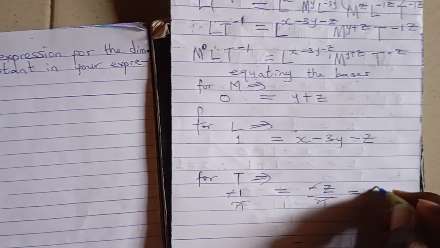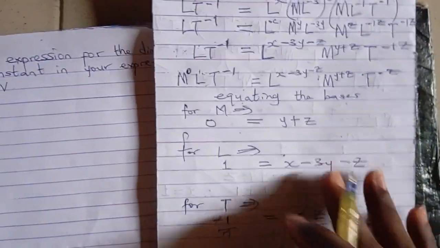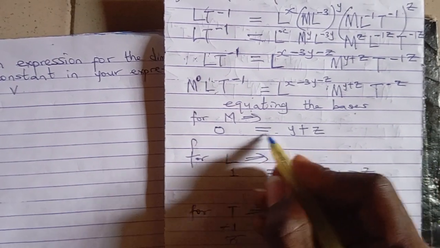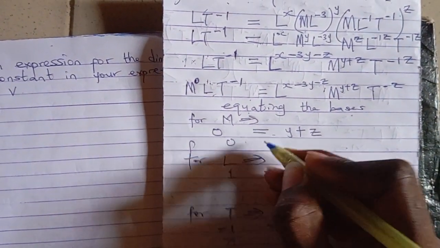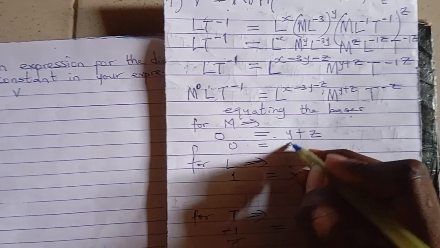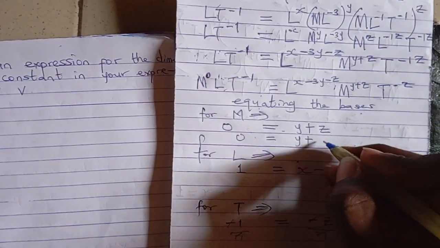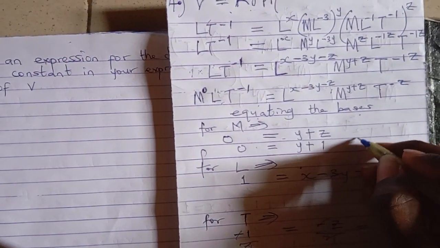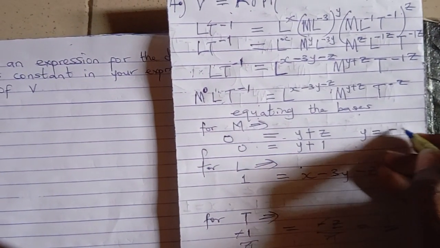So z is equal to 1. Let's make y the subject of the formula, so that we have 0 equals y plus 1. This 1 will cross the equality sign and become minus 1. So y is equal to minus 1.